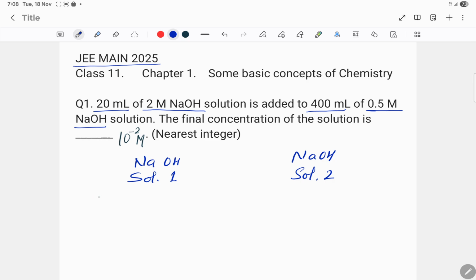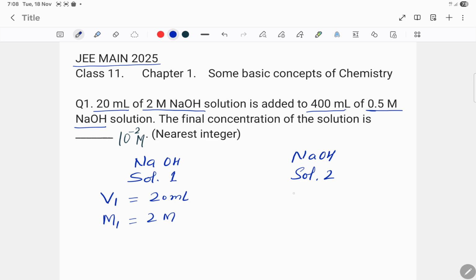The volumes are different. The first sodium hydroxide solution has volume V1, which is 20 milliliter, and its molarity M1 is 2 molar.